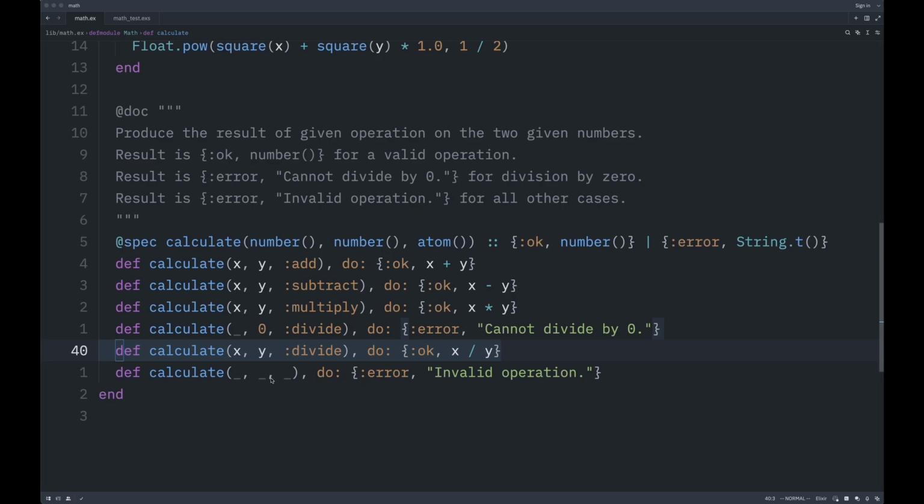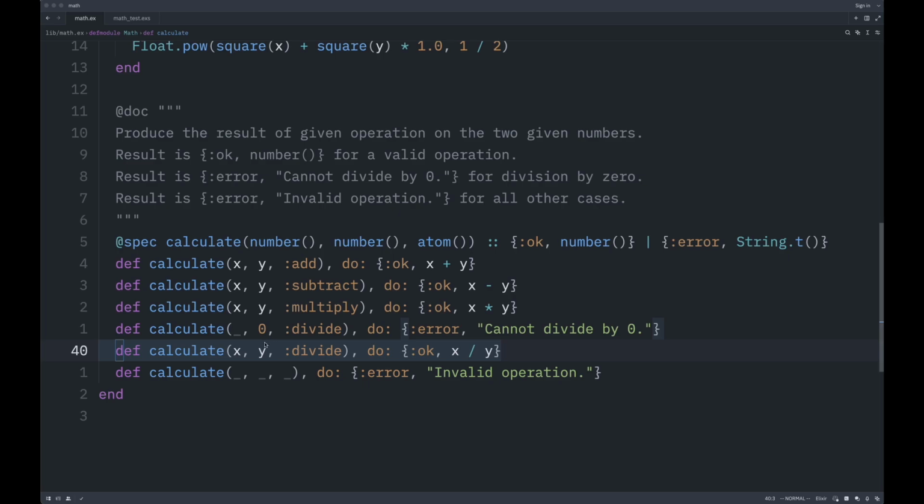So this has an implication on this division operation. So note that we have 2 divide clauses, one with a value match of 0 and other with general division. If I flip this order, meaning the x y divide comes before the underscore 0 divide, then the underscore 0 divide will never be executed, because this is a special case of x y divide.